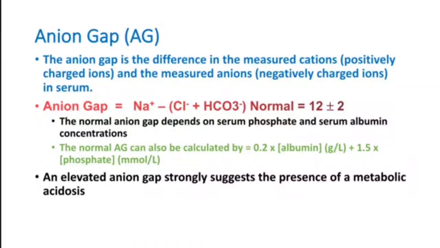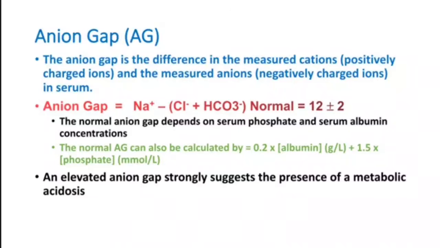The normal anion gap also depends on serum phosphate and serum albumin. That is very, very important when you are practicing in critical care departments. So we have to consider albumin and phosphate also. The normal anion gap can also be calculated by 0.2 times albumin in gram per deciliter plus 1.5 times phosphate in millimoles per liter.